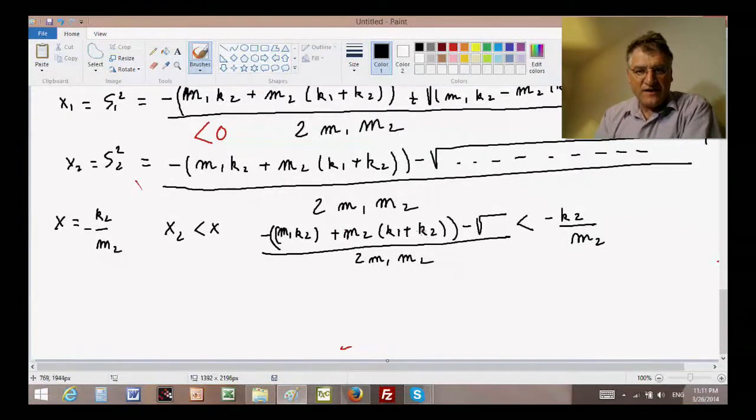I can simplify this by keeping the square root on one side and the other terms on the other side.